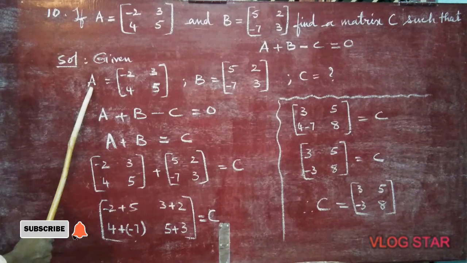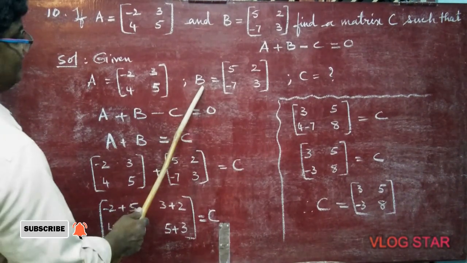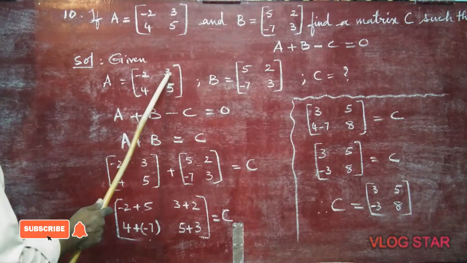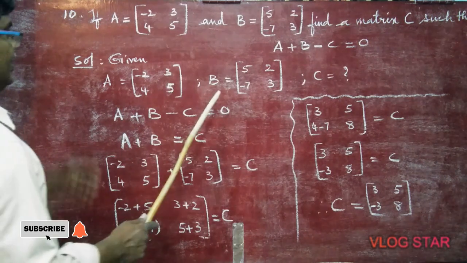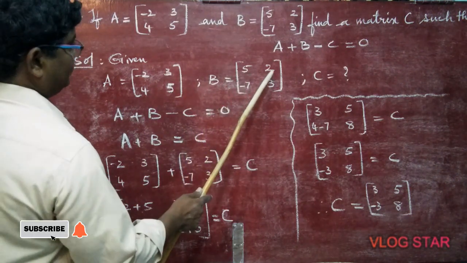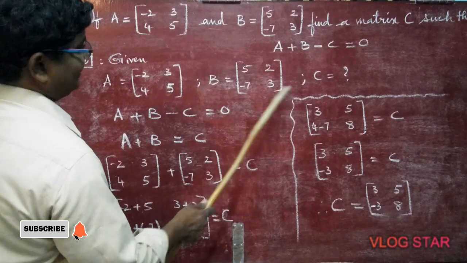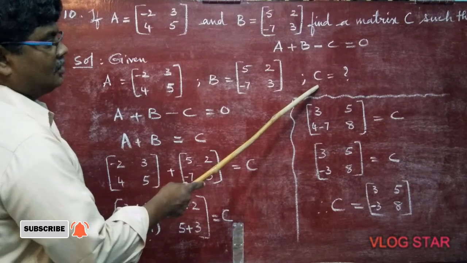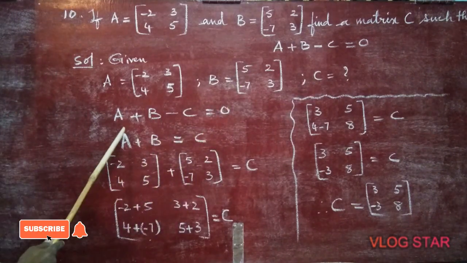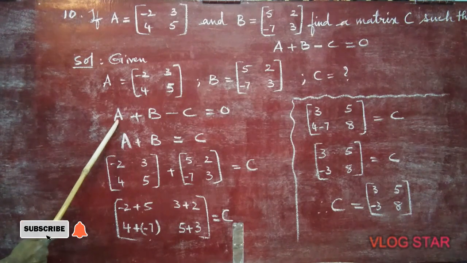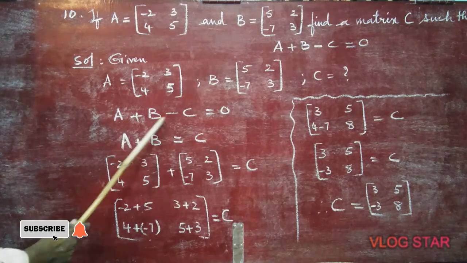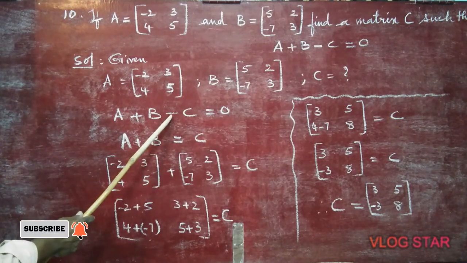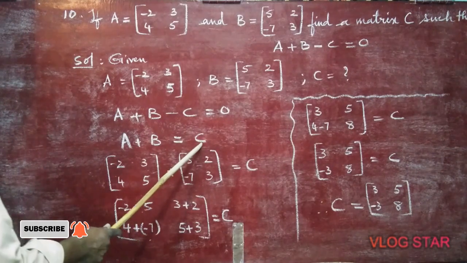Given in the problem, they have given matrix A and matrix B. Matrix A is [-2, 3; 4, 5] and B is [5, 2; -7, 3]. C is an unknown matrix, not given, we don't know. They told that A plus B minus C is equal to 0. Bring this minus C from left side to right side, plus C it becomes.